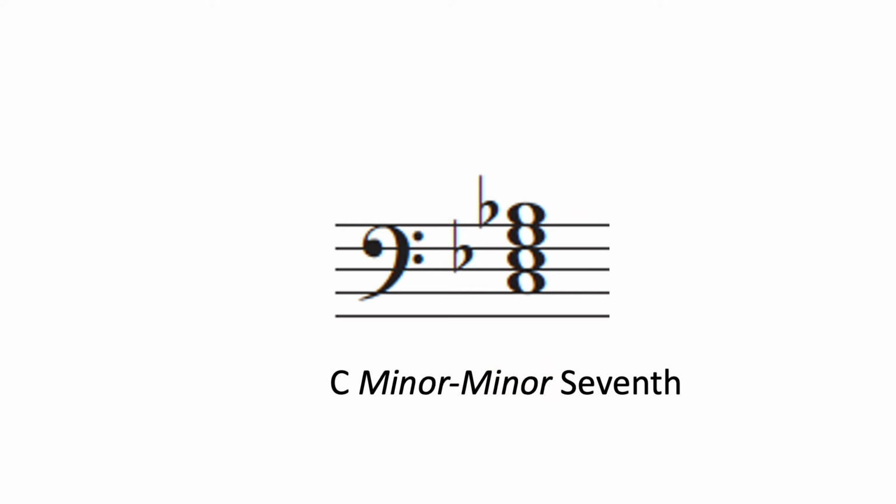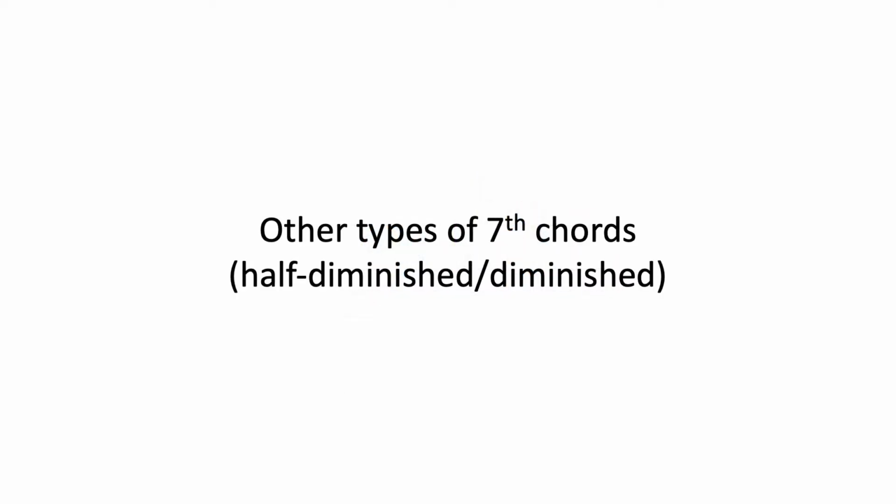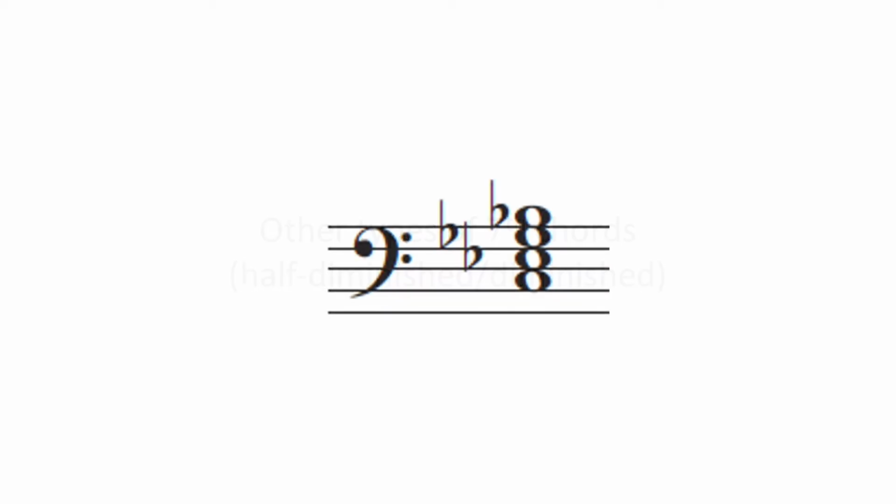Okay, now here's some other types of seventh chords. Remember in previous videos we talked about the diminished triad as well as the diminished interval. So let's see how we can incorporate that into our seventh chords. Take a look at this. We've added more flats. So the initial triad that this is based on has now become a diminished triad.